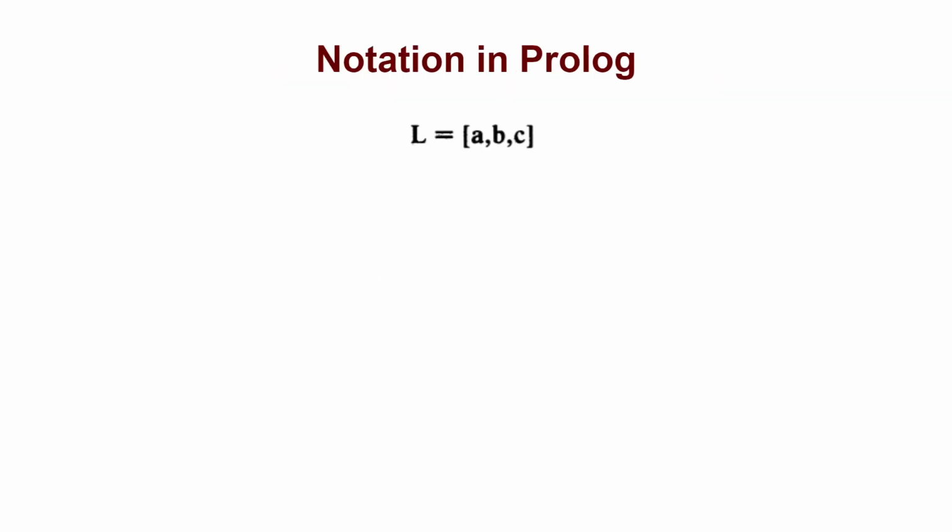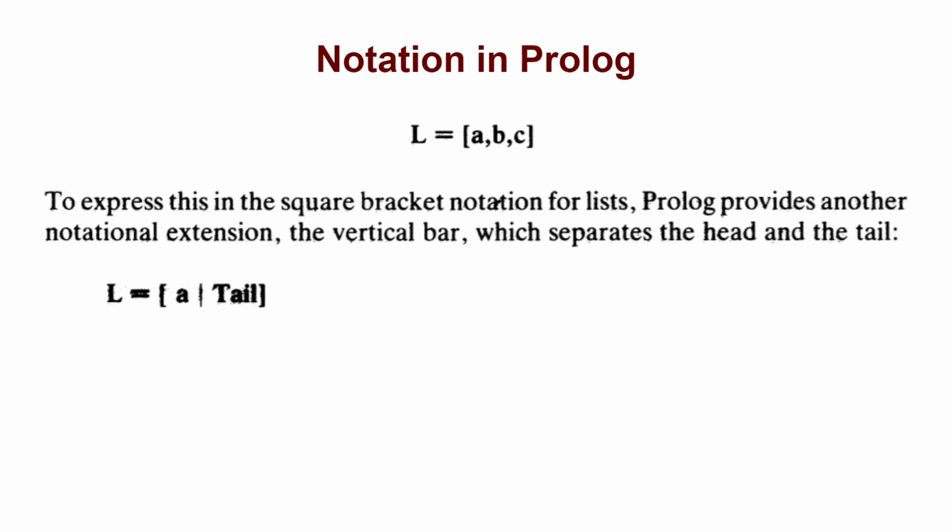Right, so now we will learn a very important notation of lists in Prolog. Suppose we have the following list with 3 elements, the elements A, B, and C. We can easily conclude that A is the first element of the list, that is, A is the head of the list, and then B, C is the tail of the list, the remaining list if we remove the first element.